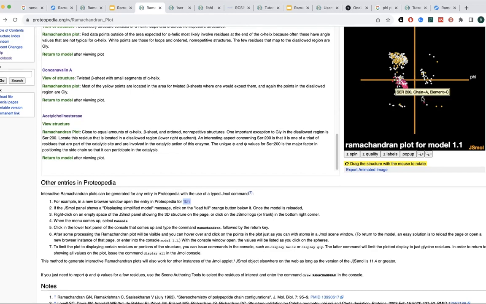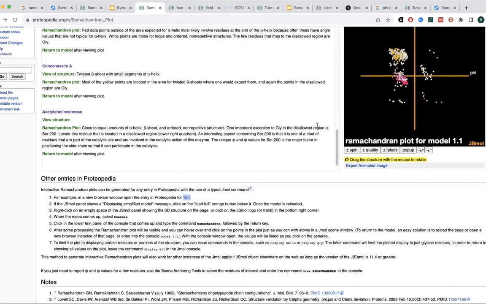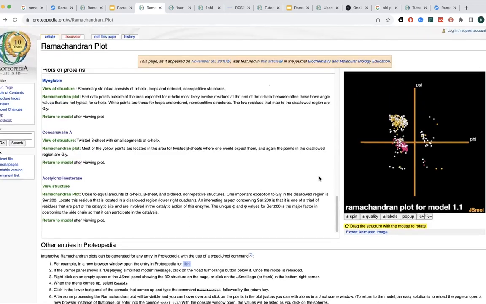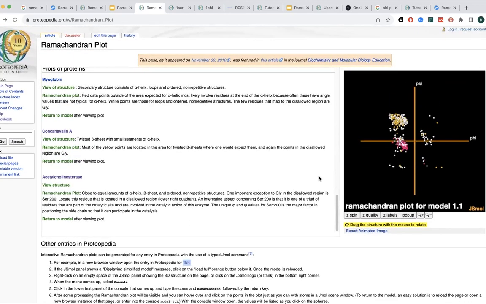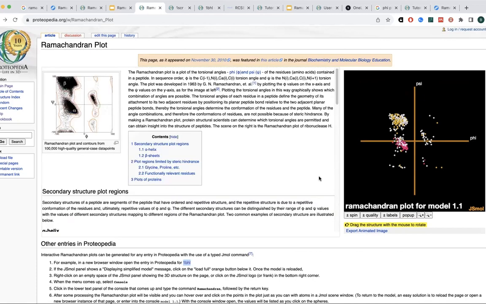Sometimes you'll see that the really important things are in an awkward angle. These unique values of phi and psi are going to help position it for the catalytic role that it needs to play.